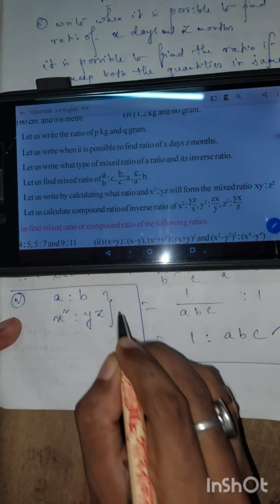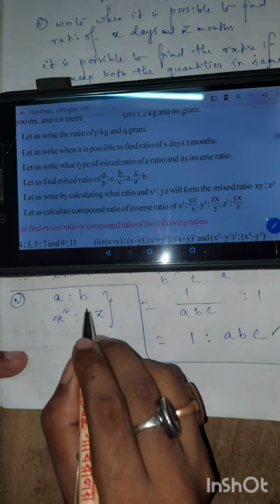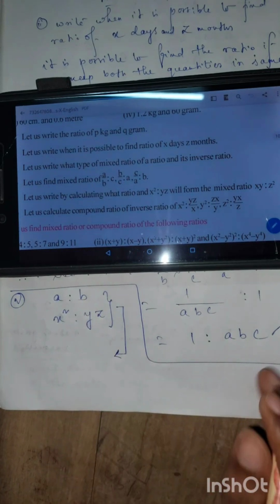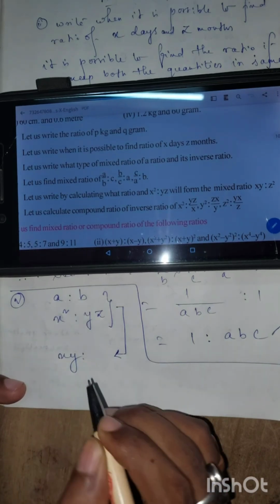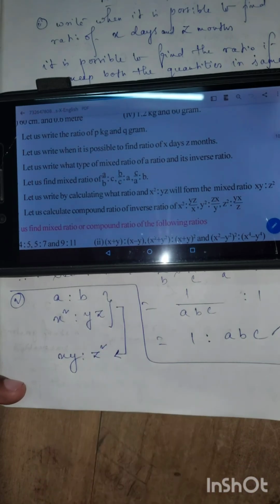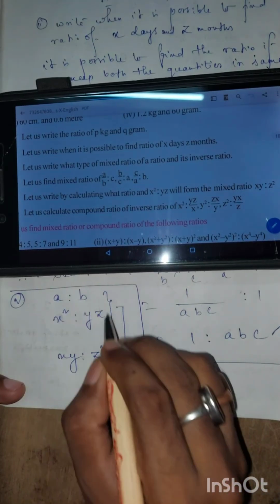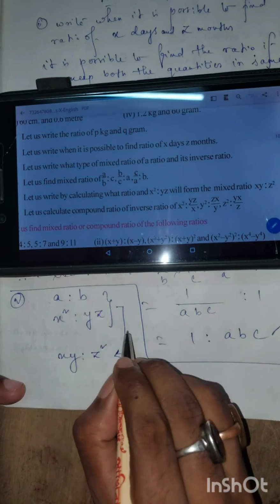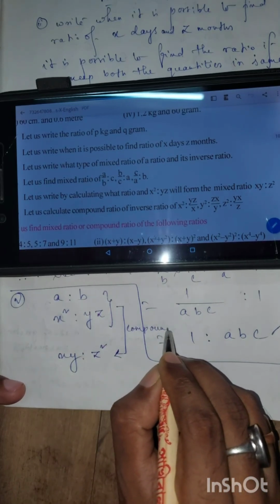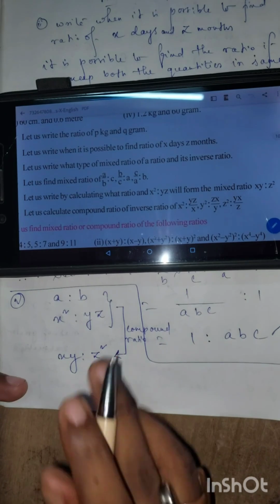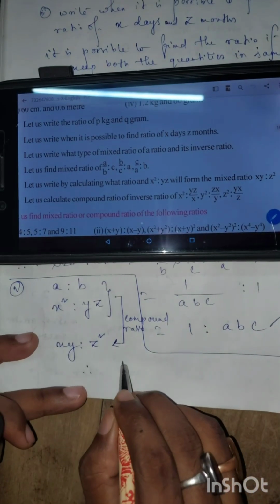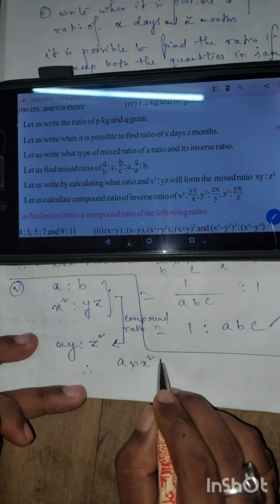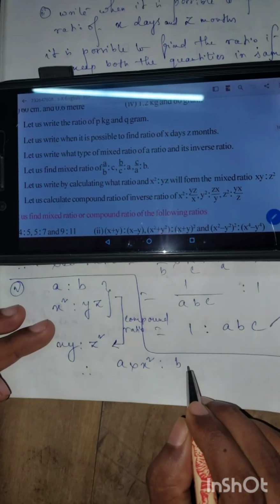Now if we find the compound ratio of these two ratios, we are getting xy is to z square. Okay, so the compound ratio of these two ratios is this. So therefore A into x square is to B into yz.